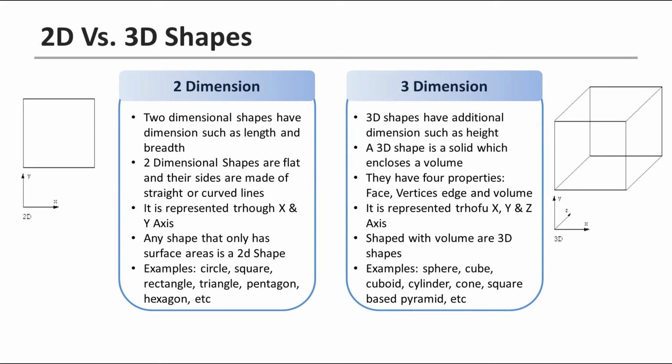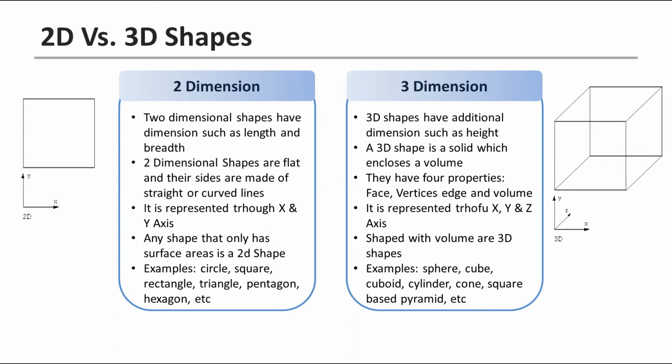Some examples of 2D shapes are squares, circles, triangles, etc. On the other hand, 3D shapes or forms have an additional dimension such as height or depth or thickness, and it is a solid enclosing volume. Examples of three-dimensional shapes are sphere, cube, cuboid, cylinder, cone, square-based pyramid, etc.